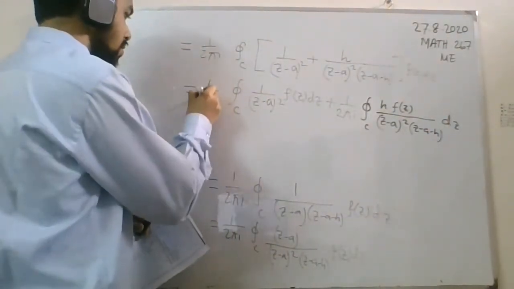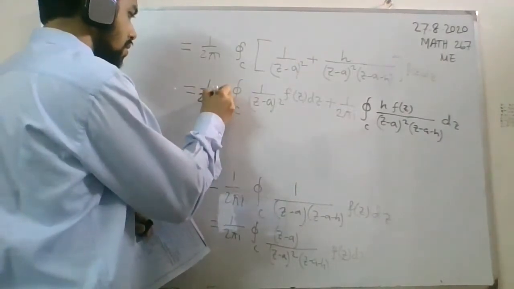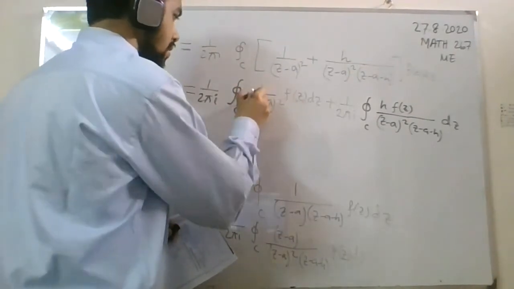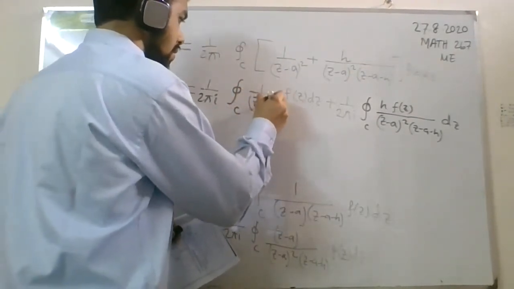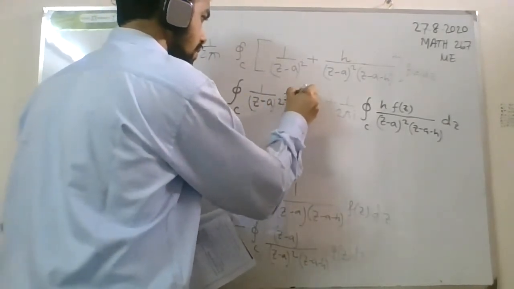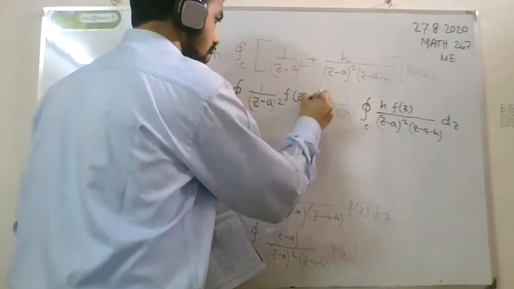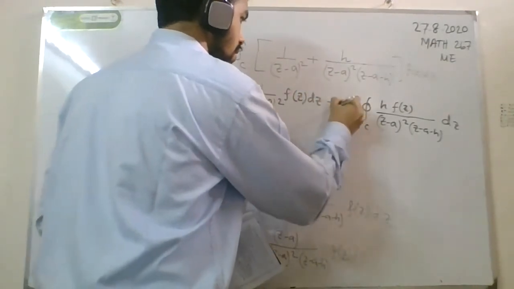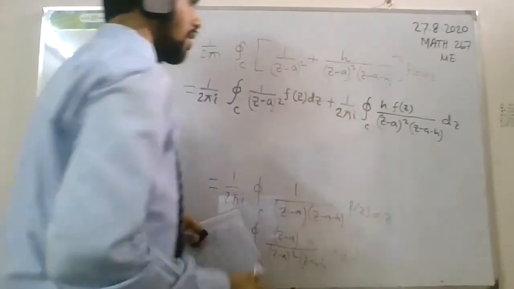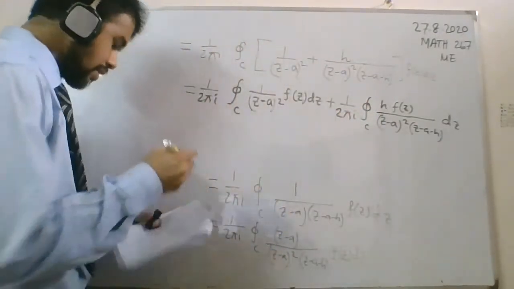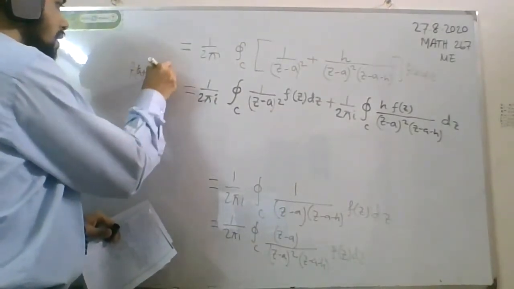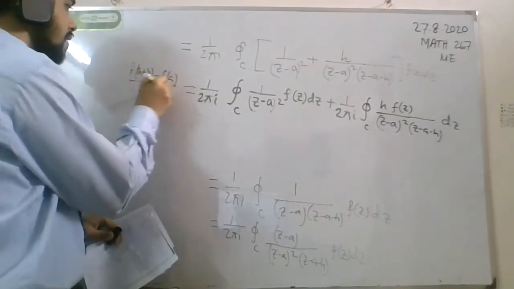Sir, can you highlight this? So this is f(a+h) minus f(a) divided by h.